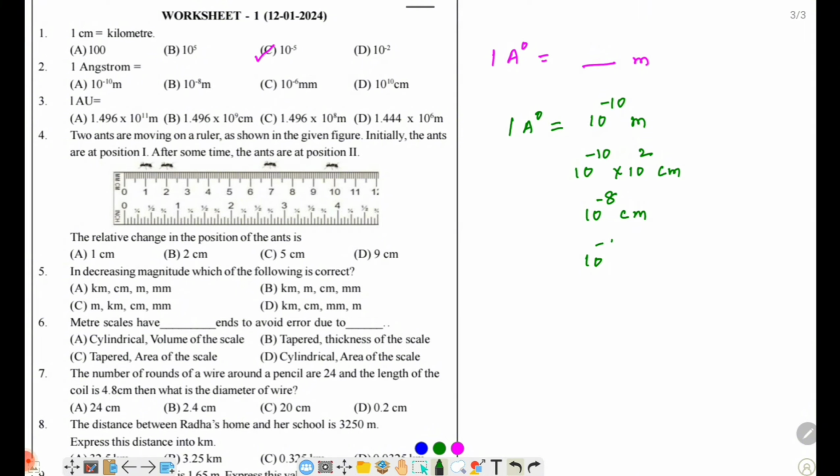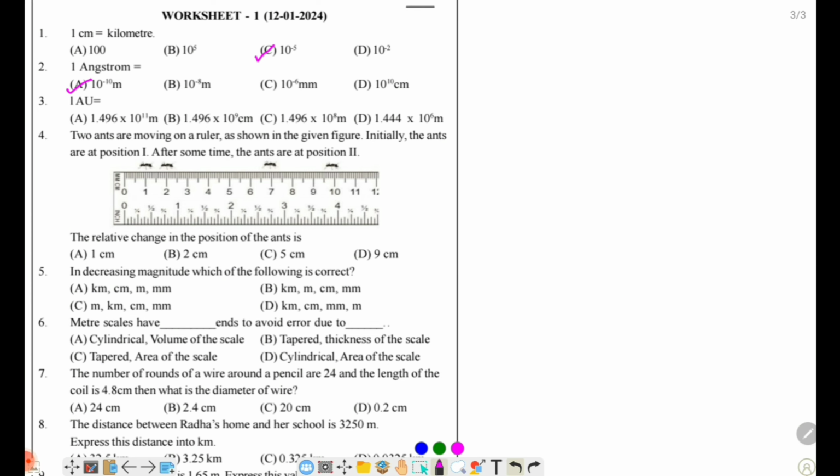So 10 power minus 8 times 1 centimeter is 10 millimeter, so the value will be 10 power minus 7 millimeter. So 1 angstrom is 10 power minus 10 in meters, 10 power minus 8 in centimeter, and 10 power minus 7 in millimeter. So which option is correct here? So the option A will be the correct answer.